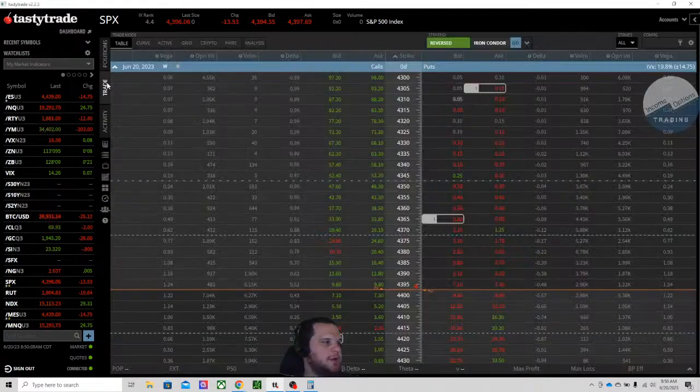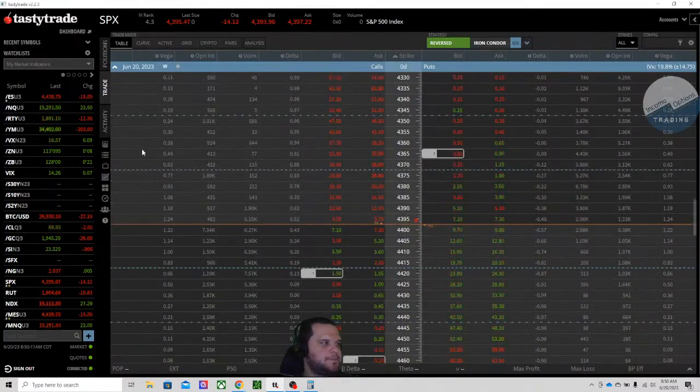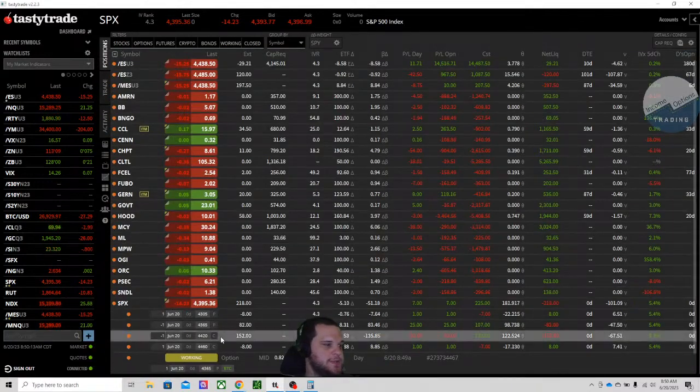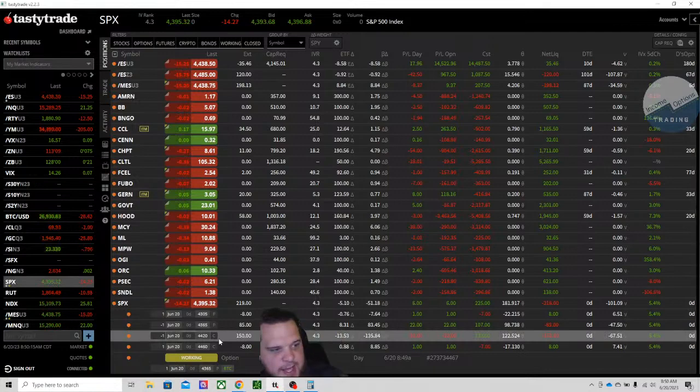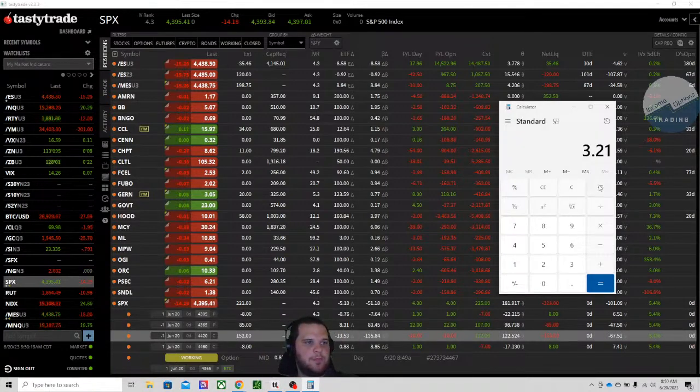Now I'll do the same on the call side. So I'll go back to my positions. So the call side I got for 132. So I'm only looking at what I got on the short option itself, not on the spread. So 132 times 3, 396. So I'll round this up to the nearest dime, which is $4.